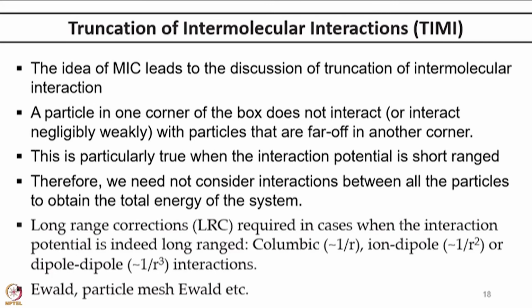After that, the intermolecular potential becomes negligibly small. So when the interaction potential is short range, we need not consider interaction between all the particles. Then we can have a kind of box within which we will consider the interaction. This is then combined with the minimum image convention to take care of the finite range of the intermolecular interaction.